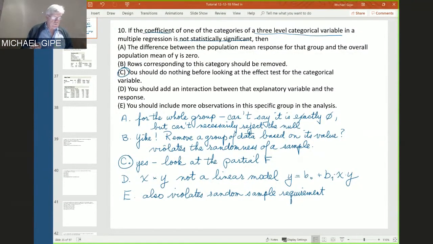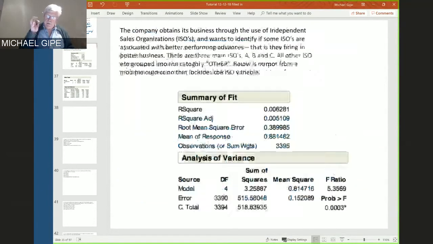And we now have a group of questions that are based on a particular model. This one is about a company that obtains its business through the use of independent sales organizations, ISOs, and wants to identify if some of them are associated with better performing advances.